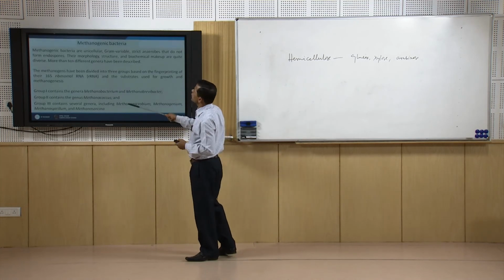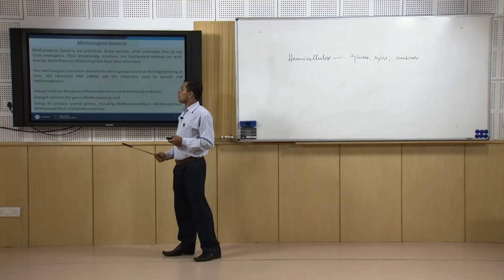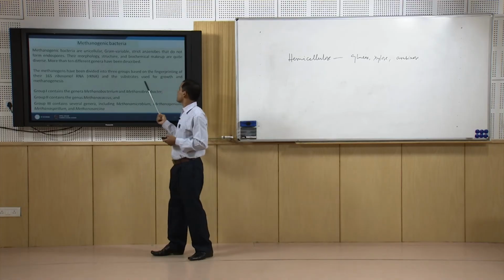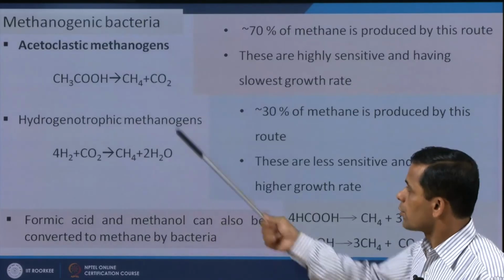On the basis of this, the methanogenic bacteria are classified into three categories, depending on their 16S ribosomal RNA or rRNA, their substrates used, and growth and methanogenesis. So, they are grouped, as we have just discussed, into 3 groups, 1 to 3.